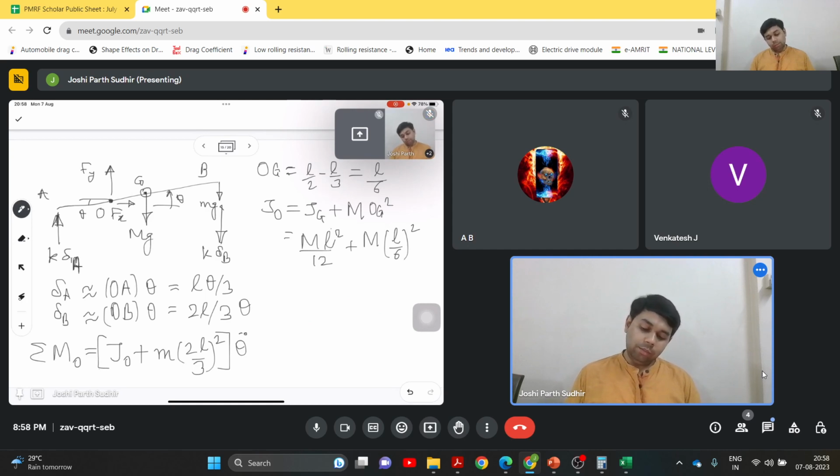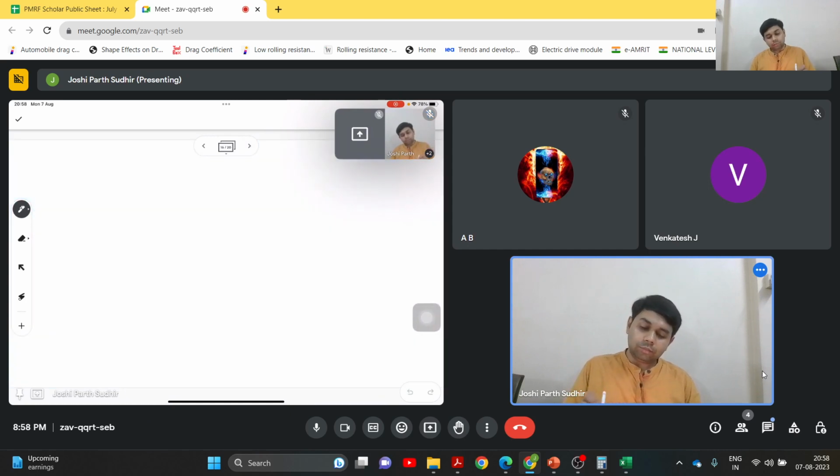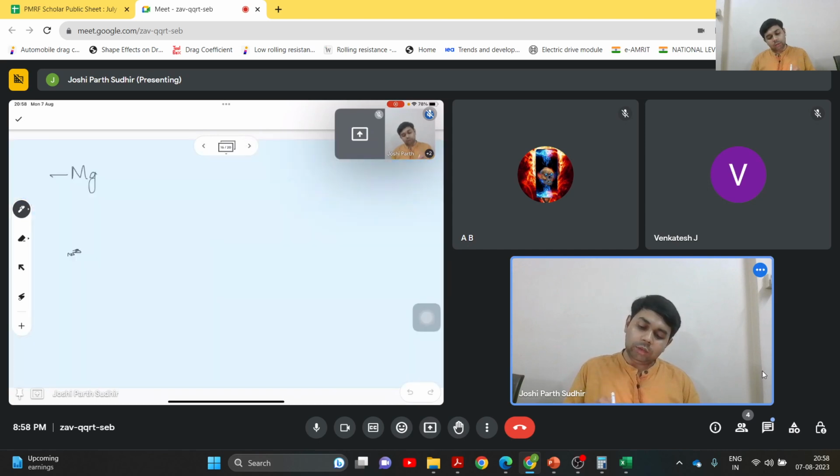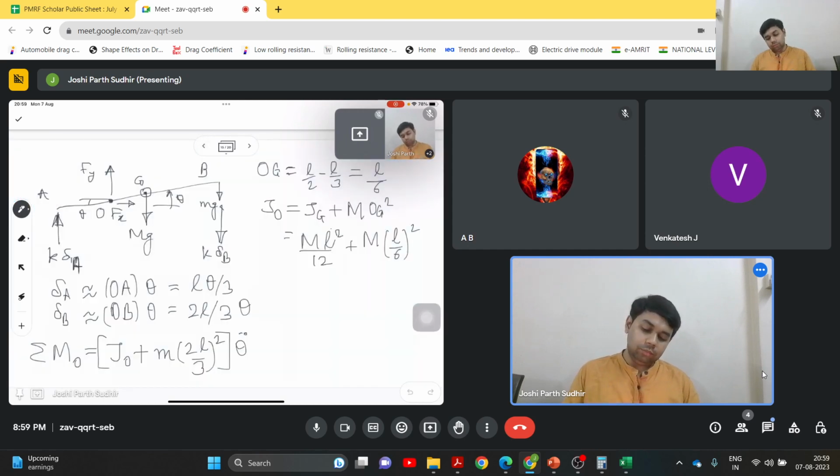And on the left hand side we can find it out as follows. The moment due to the weight will be basically minus Mg into the length OG, which is L by 6, and the weight of the small mass also gives a clockwise moment.